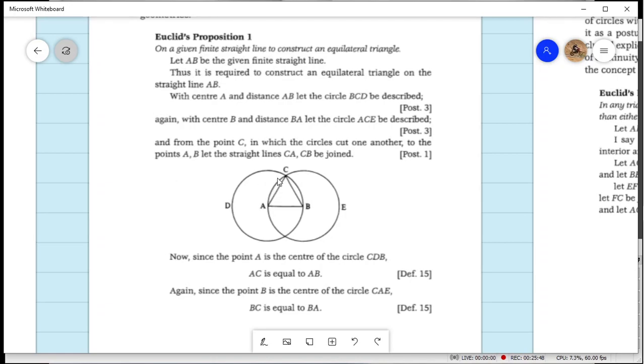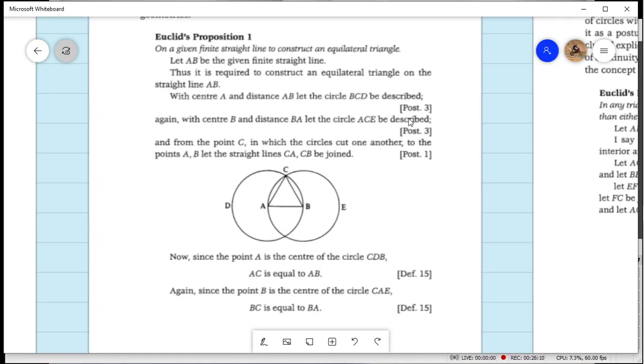So here we have a given line segment AB. For line segment, it is stated here as finite straight line. So given a finite straight line AB, we have to construct an equilateral triangle.